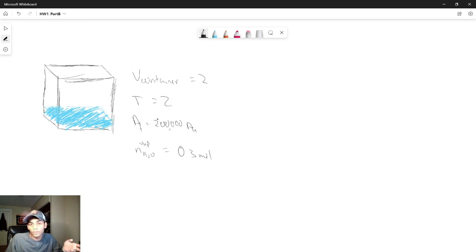As you can see, we are working with the same final pressure, still 200,000 pascals, and now we are looking at an instance where we want the final mole value of water in the vapor phase. We want that to be 0.3 moles. So we can go through and we can use PV equals nRT to sort of derive an equation and try and solve this out. So to solve for n, we need to shove RT over to this side, and we're going to do that by dividing.